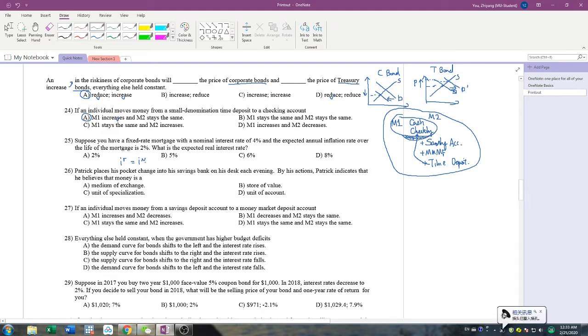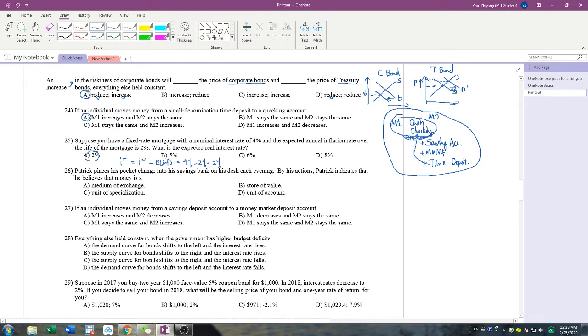Basically, the real interest rate equals the nominal interest rate minus your expected inflation rate. We know the nominal interest rate to be 4%, and we expect the annual inflation rate to be 2%. So the difference is only 2%. This is really simple. A is the right answer.